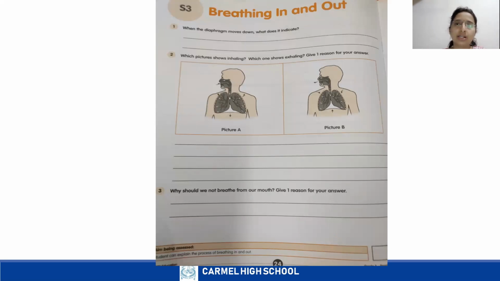In this picture, see the arrows and then see which is inhaling and which is exhaling, and you have to give the reason for your answer. Everybody is writing. Picture A and picture B, you can see, observe it neatly and then write the answer, children.